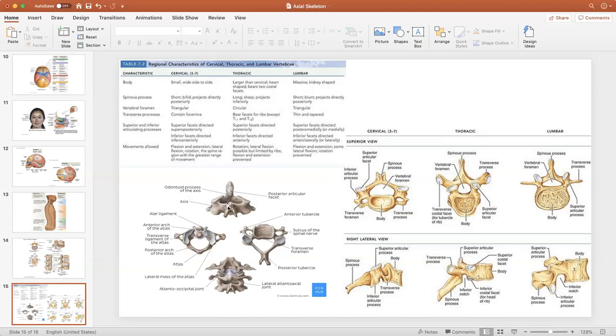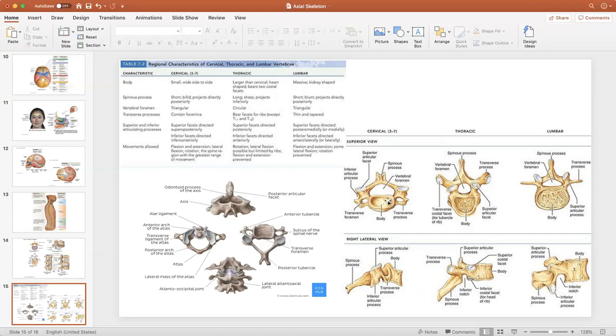So these are unique vertebrae here with the odontoid process. There's no vertebral body. There's just the anterior and posterior arch of the atlas, and with the axis we have the odontoid process, and the posterior arch here with the spinous process. The rest of the cervical vertebra look similar.